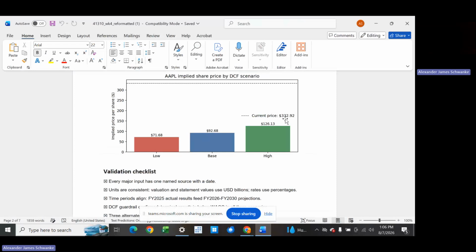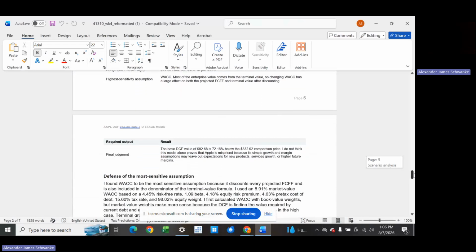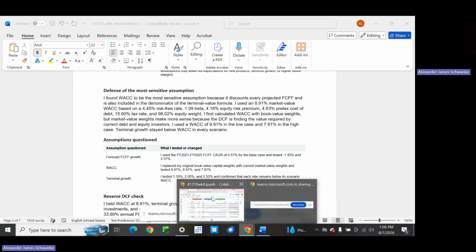It just proves that the expectations of the market cannot be accurately represented by the model, by my model at least. I would change my assumptions. I would assume higher growth, more than the 0.57% that I did, and I could also use a lower WACC. And that was everything. Thank you.